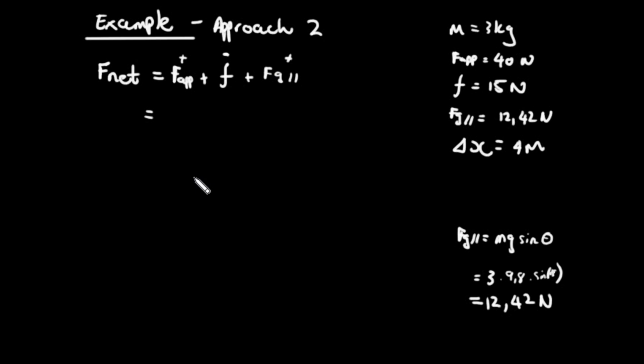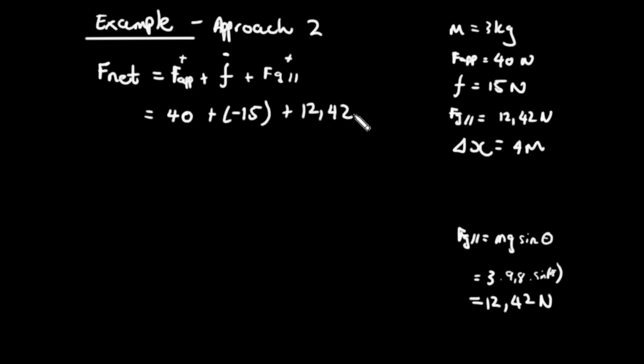We take upwards as positive because that's the way the car is moving. The force applied was 40 newtons, plus the force of friction was 15 newtons in the opposite direction, so backwards, so we make that negative, plus 12,42.